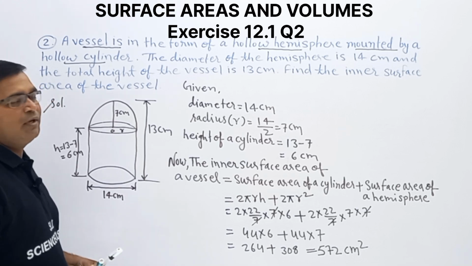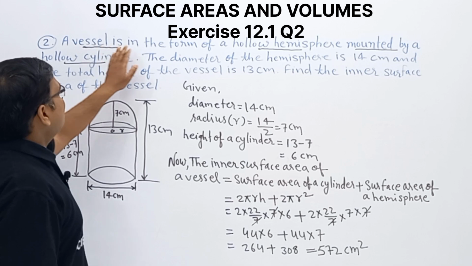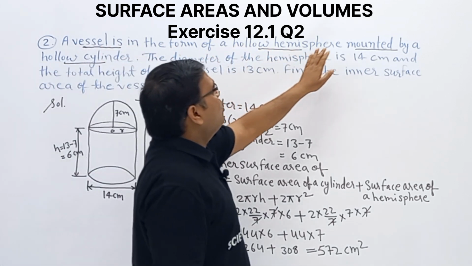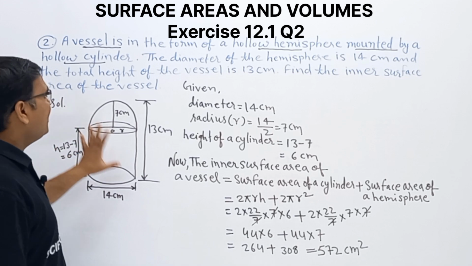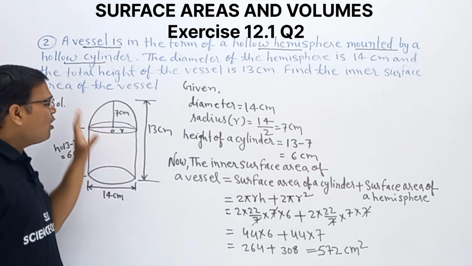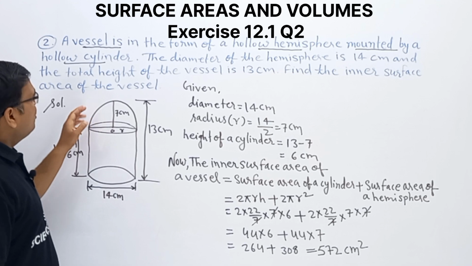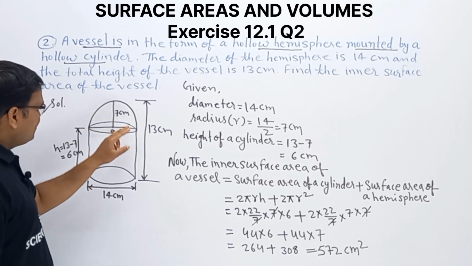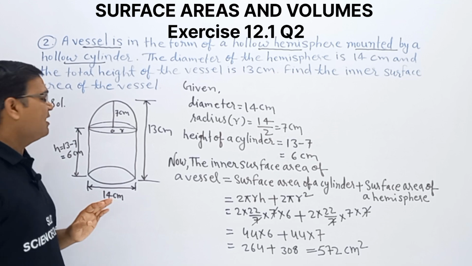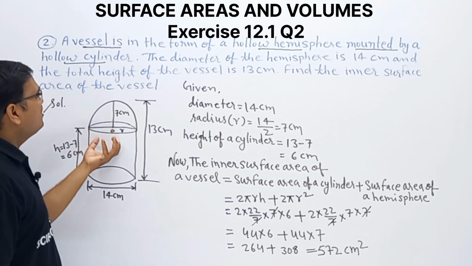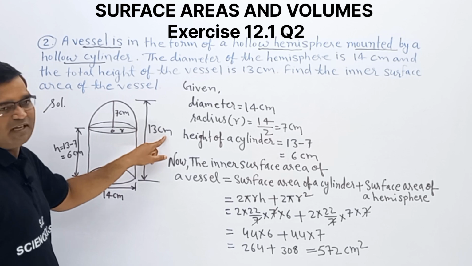Observe again what we are doing in this question. This is the required answer. A vessel is in the form of a hollow hemisphere mounted by a hollow cylinder. We are having one vessel formed by a cylinder with a hemisphere mounted on it. The total height of this vessel is 13 centimeter.